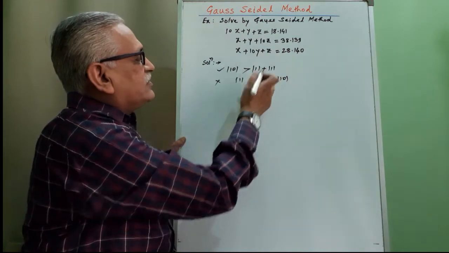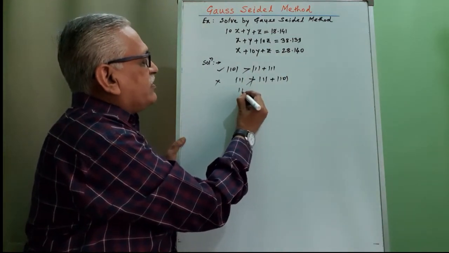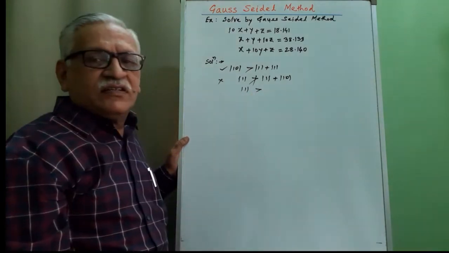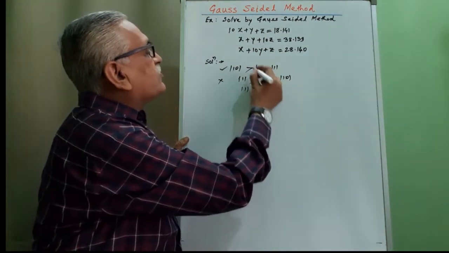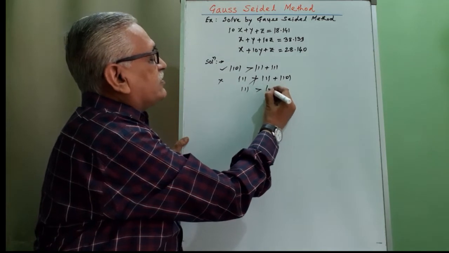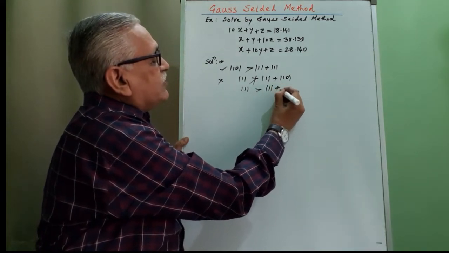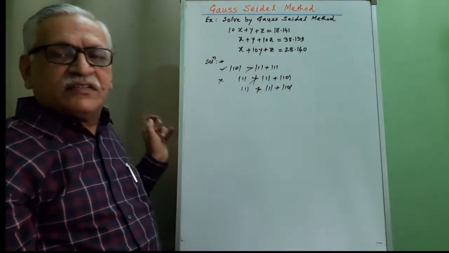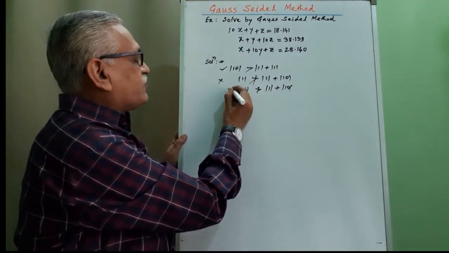And in the third, again the absolute value of 1 must be greater than the sum of the remaining absolute values. It is the absolute value of 1 plus the absolute value of 10. Again not greater than, and therefore the condition is not satisfied.